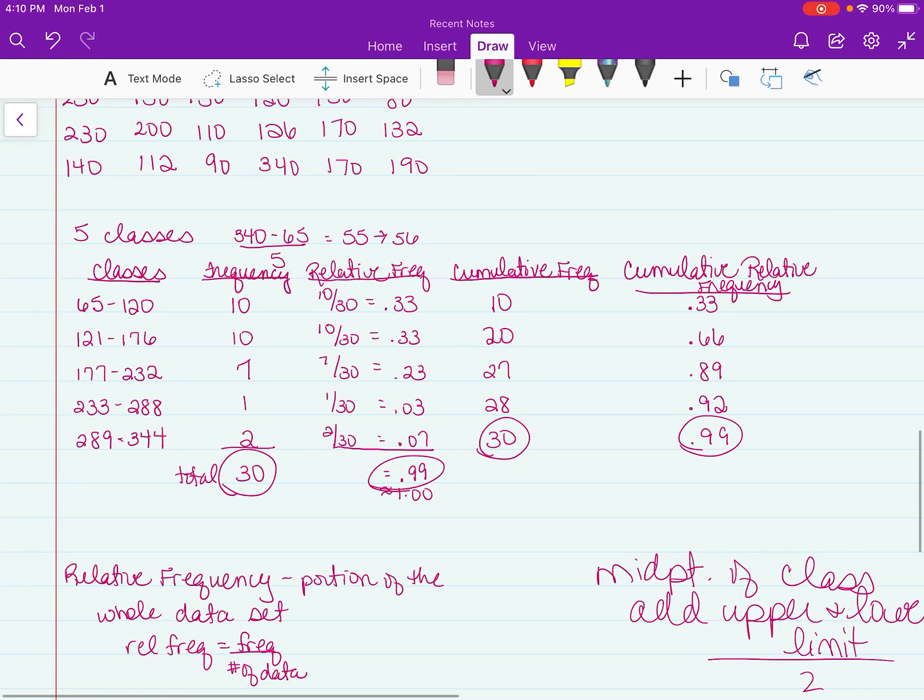So in this case, the midpoint of the first one would be 92.5. The next one would be 148.5.